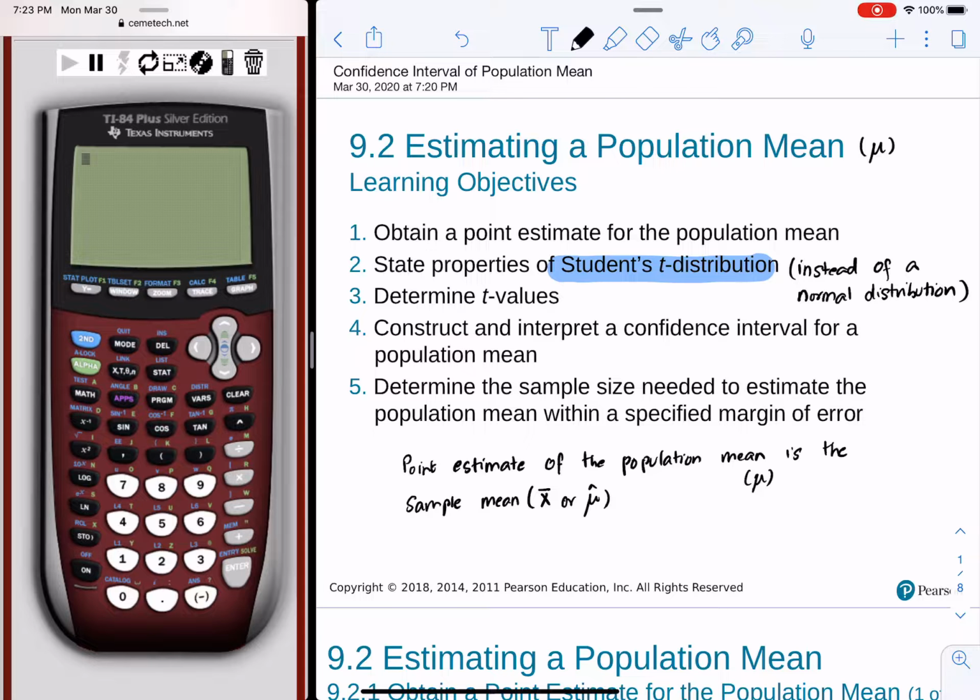And similarly, instead of finding z sub alpha over 2, we are going to find a t-critical value, which we denote by t sub alpha over 2, comma df. And I'll explain what df is better as we go forward. We're not going to talk about the properties of the t-distribution. It's not necessary. I'll just show you how to find the confidence interval using the sample.